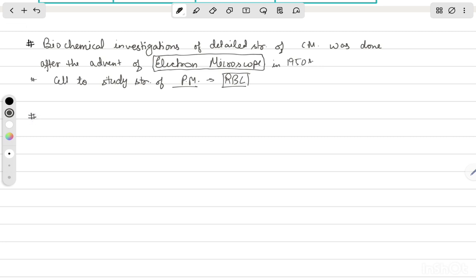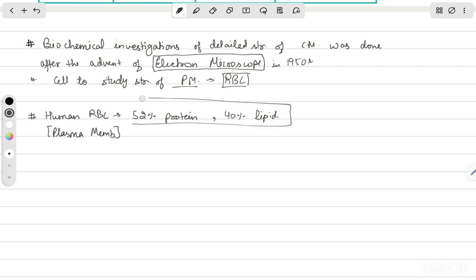In human RBC, the plasma membrane is made up of 52% protein. That is approximate data, right? 52% protein and 40% lipid.